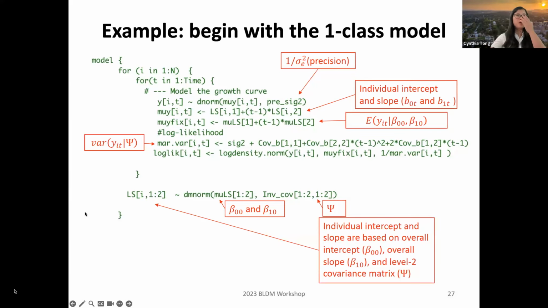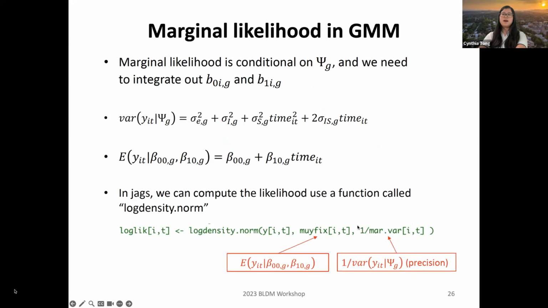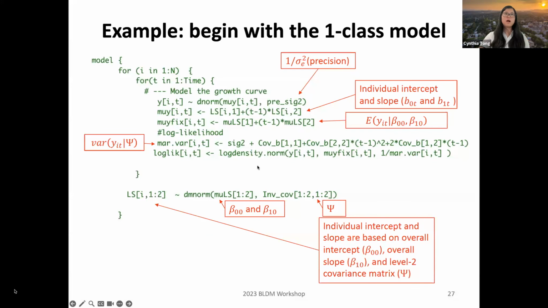But when we want to get the WAIC, like I mentioned earlier, we need the marginal log likelihood. In that way, we just need to add this line to the model part.